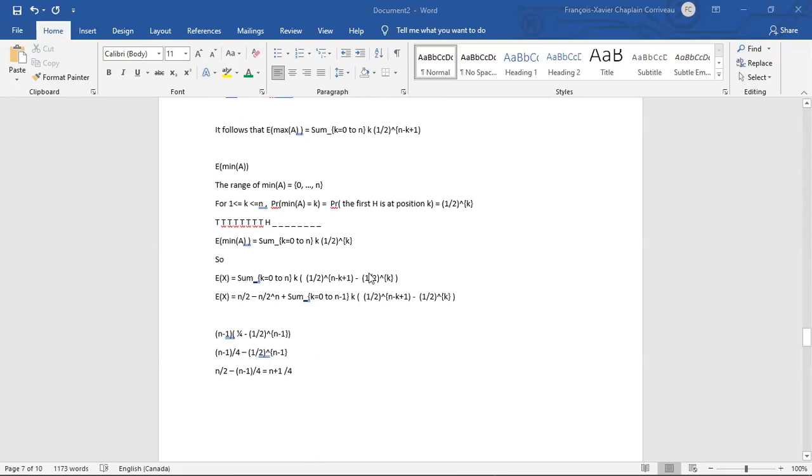So the only thing with the problem, there is a slight problem with the Newton's binomial formula. We don't have the n choose k, right?